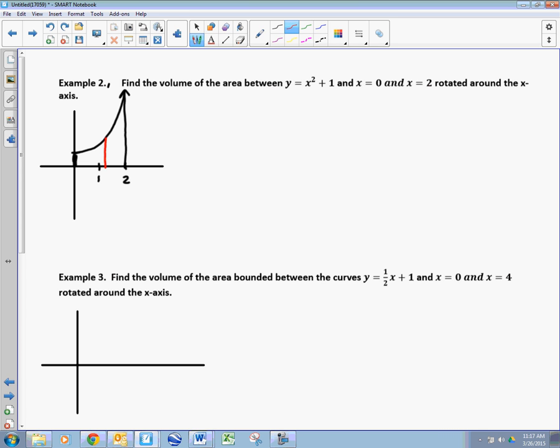So remember, as I take a rectangle and I spin it, I like to draw the exact same shape below. That's what we're getting.